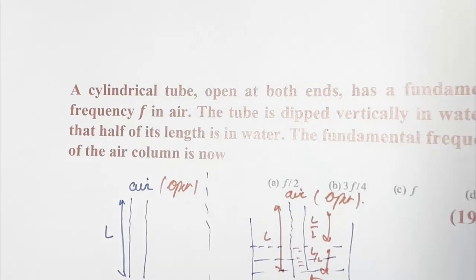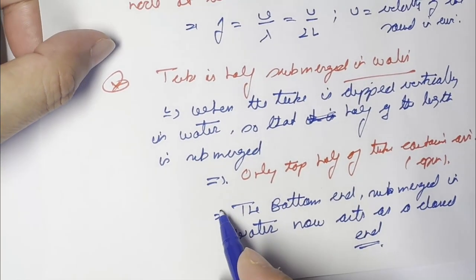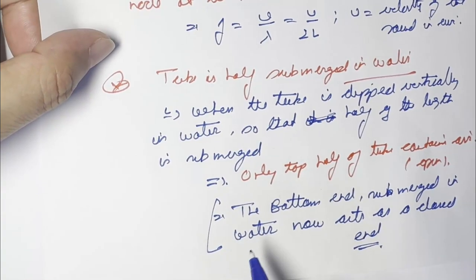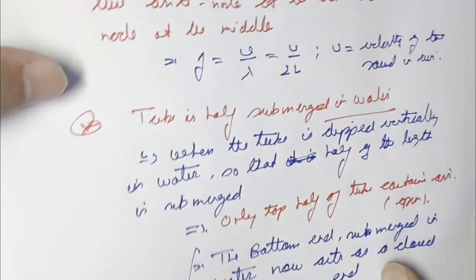So because of this property, the tube is now going to behave differently.